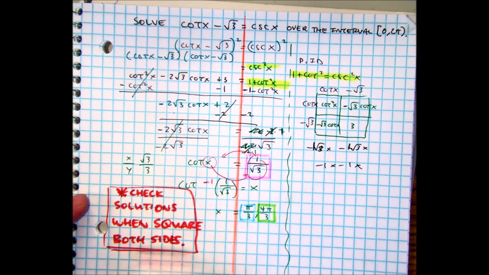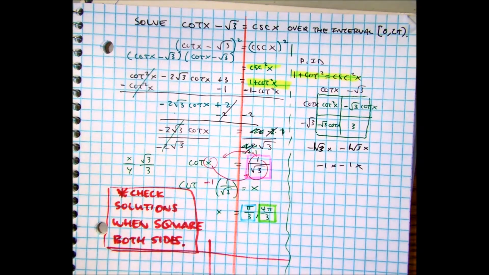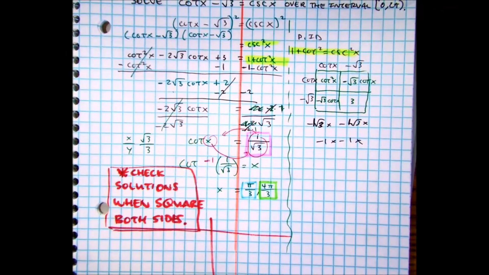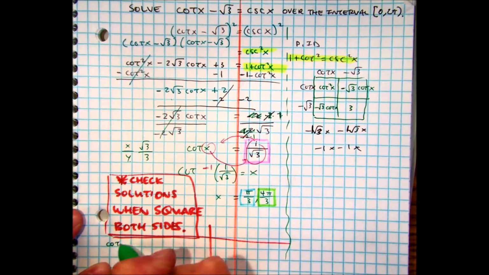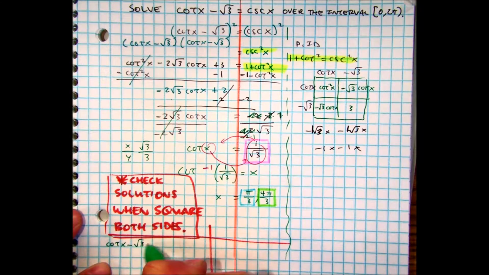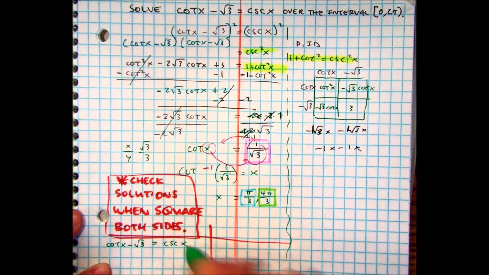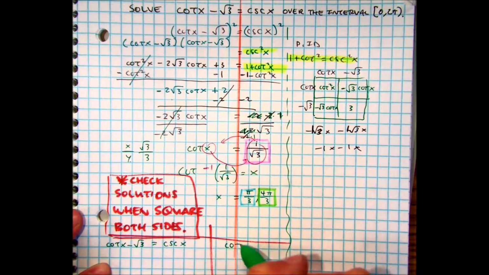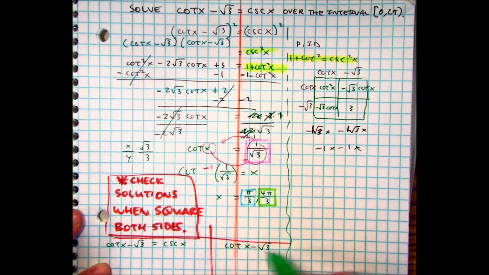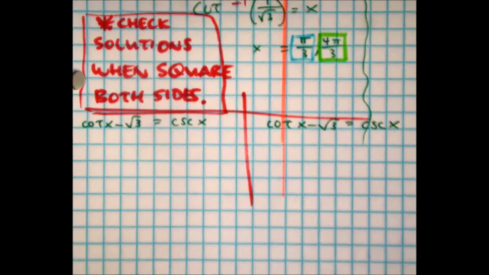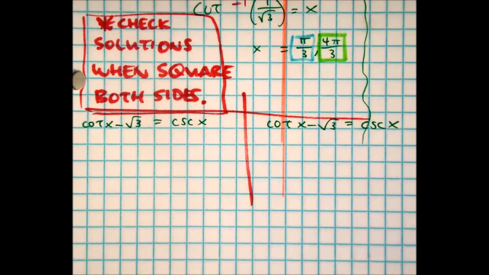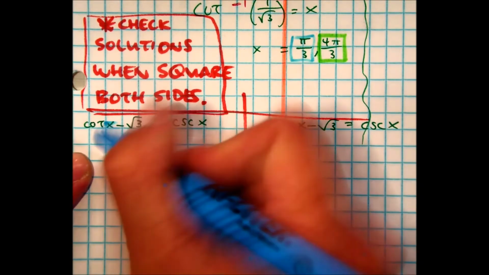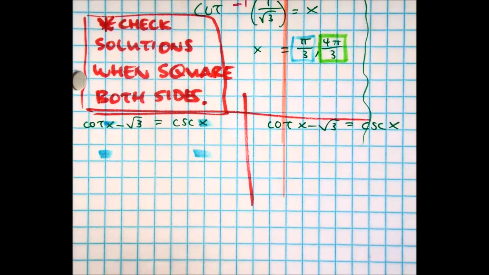So let's check our answer here. I'm just going to write the original problem: cotangent x minus radical 3 equals cosecant x. I'm going to do the blue one first. I'm going to substitute in pi over 3, which we just found is one of our possible solutions.